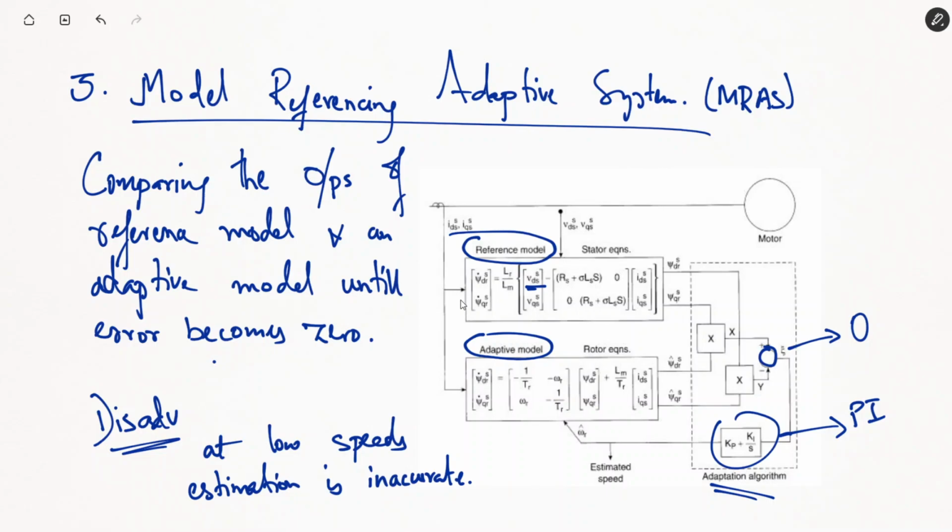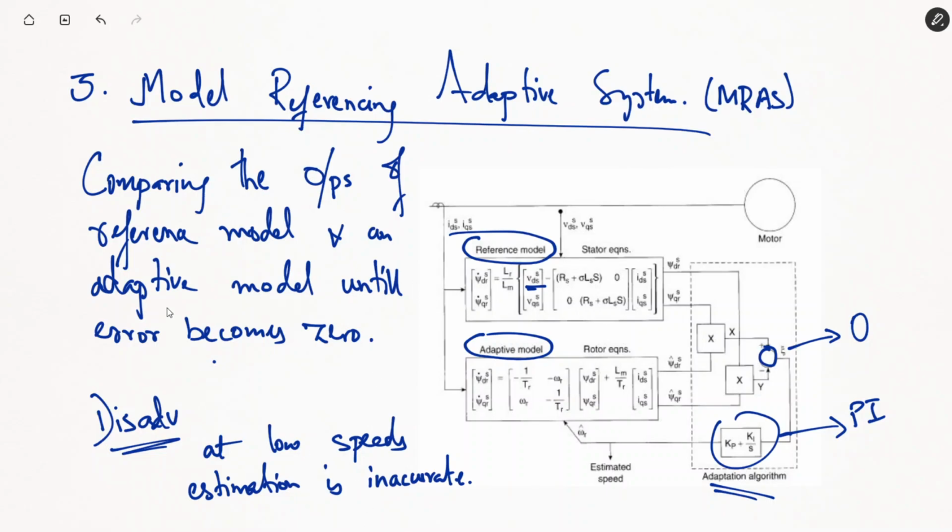The reference model gives us the true values of fluxes, psi dr and psi qr, and the adaptive model gives us the estimated values of psi qr and psi dr. We make the comparison between the two flux values, and the adaptation algorithm that we use here makes sure that this error is zero.